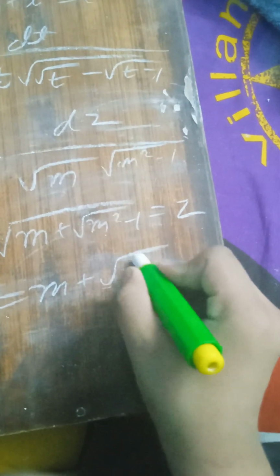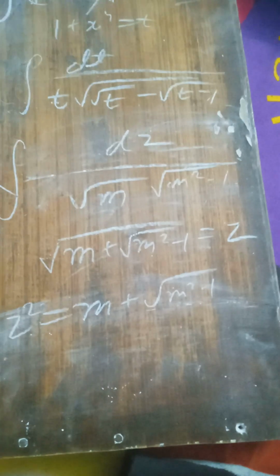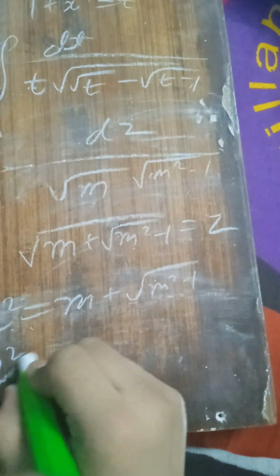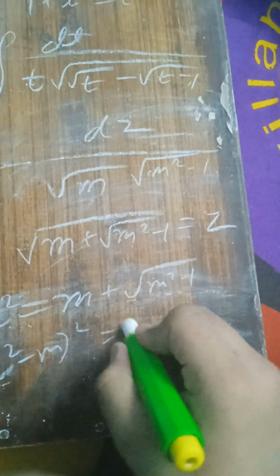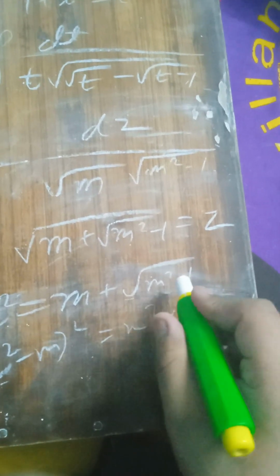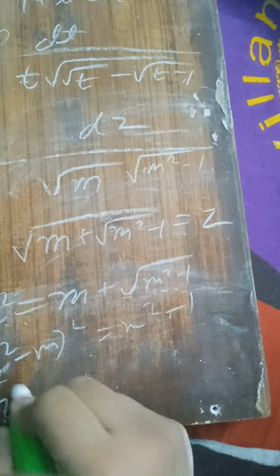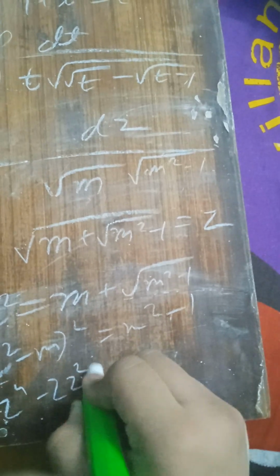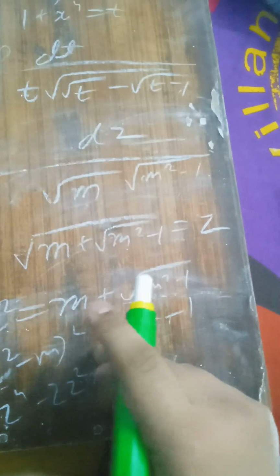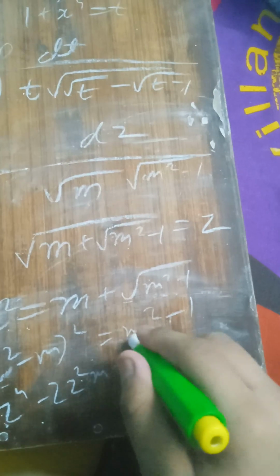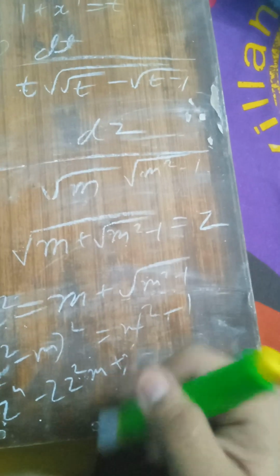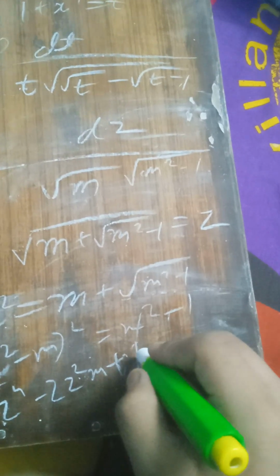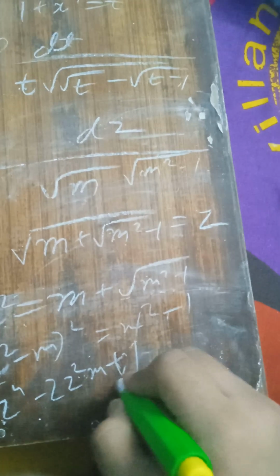You might be thinking I'm killing your time. No, but it's a very nice investment. z square minus m, whole square, is equal to m square minus 1. z4 minus 2 z square m plus m square, m square gets cancelled, minus 1 plus 1. What I needed was m.